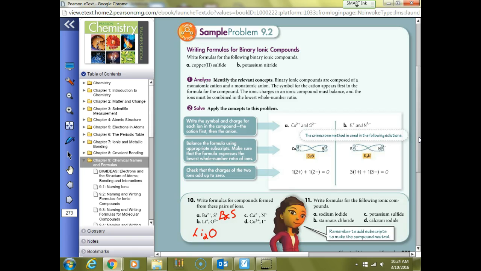Madison? Ca3N2. Very good. And then the last one here is Cu, copper, with a positive 2 charge, and I with a negative 1 charge. What do you think that one would be?